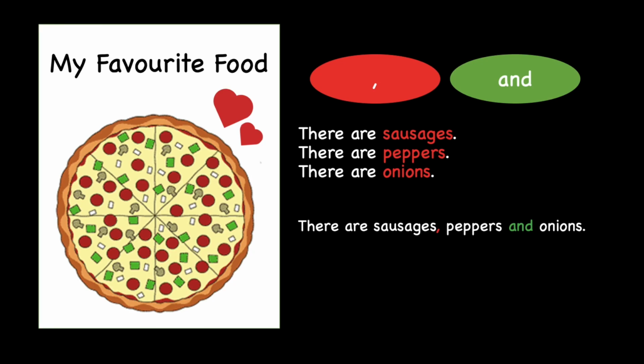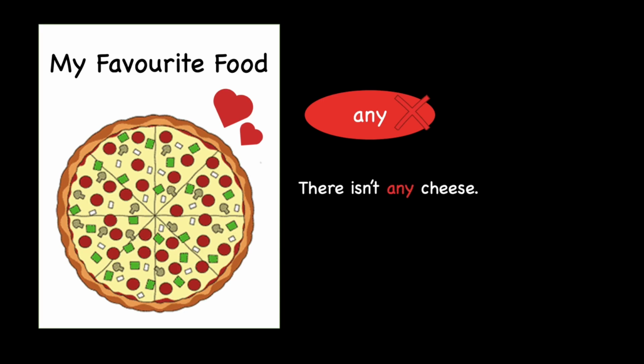Let's move on to the next one. We also can use the word any. How do we use the word any? I can use the word any to describe the things that are not here. For example, on my pizza, I cannot see any cheese. So I can say, there isn't any cheese.